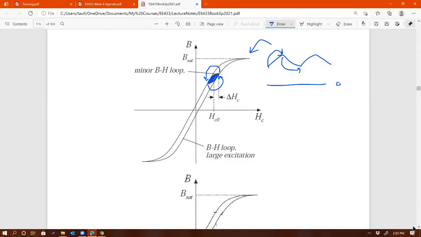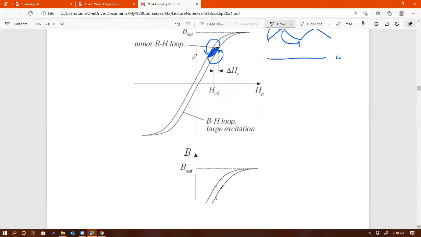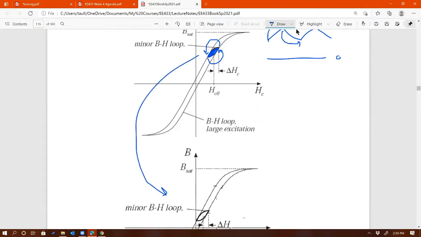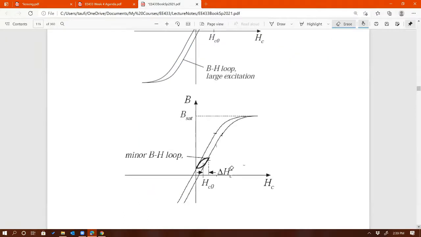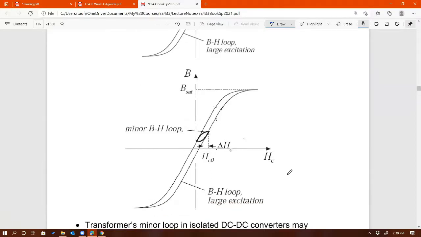And what is the difference between this one and this one right here? Can you tell? Well, this next one is also one quadrant, but remember, B is proportional to V and H is proportional to I, right? What this implies is that the minor loop touches the y-axis.